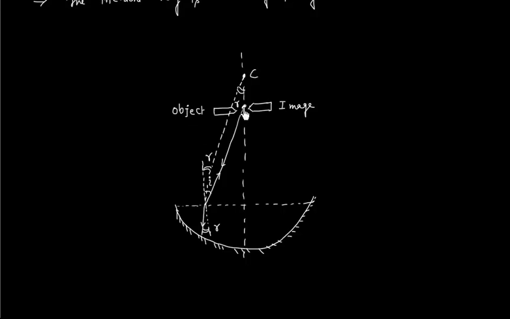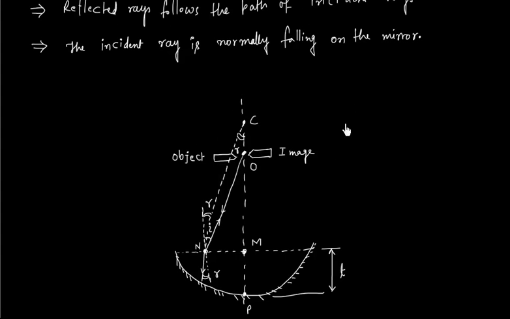Let us call this point O, this point P, this point M, and this point N, that is intersection. Let us say the height of water that is filled inside this is T. So T is the thickness or height of the water level.